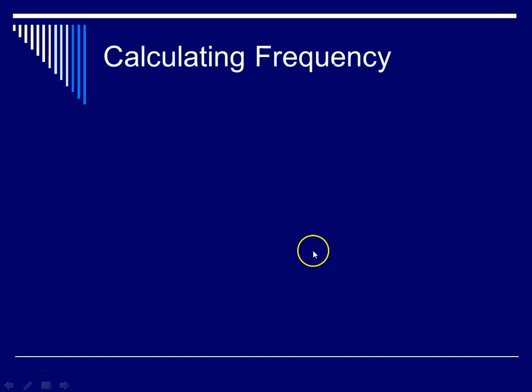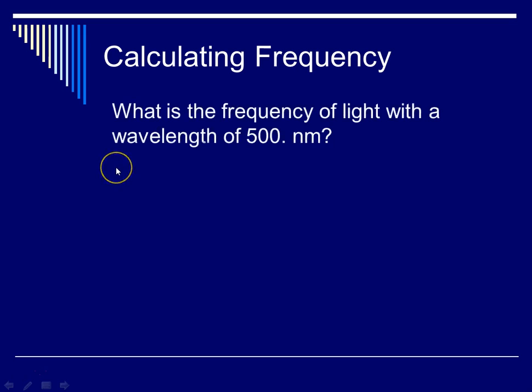So let's do a practice problem calculating frequency. What is the frequency of light that has a wavelength of 500 nanometers? Now remember, a nanometer is 10 to the minus 9 meters. So let's identify variables. Our equation is c equals wavelength times frequency.